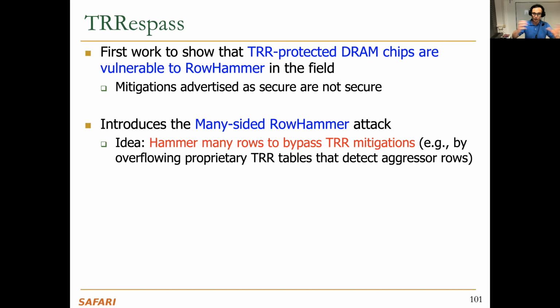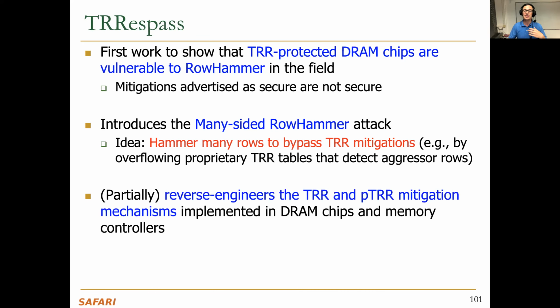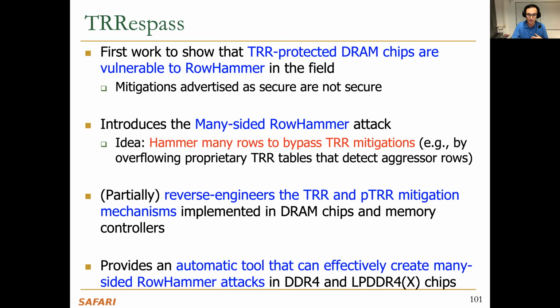By hammering many rows, not just two, more than two, you can bypass these internal target row refresh mitigations by overflowing proprietary tables that are internal to the DRAM chips and that are supposed to detect aggressor rows. We partially reverse engineered the existing implementations of TRR mechanisms in DRAM chips and memory controllers, and we provide an automatic tool that can effectively bypass these mitigations, at least for a significant fraction of the chips and mobile systems.